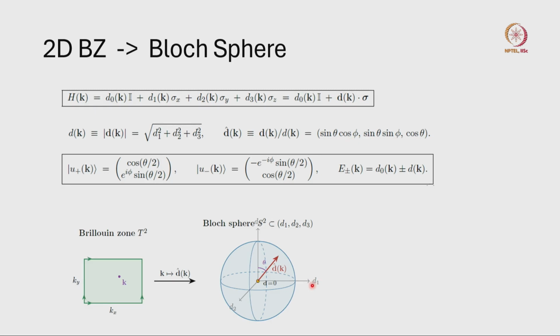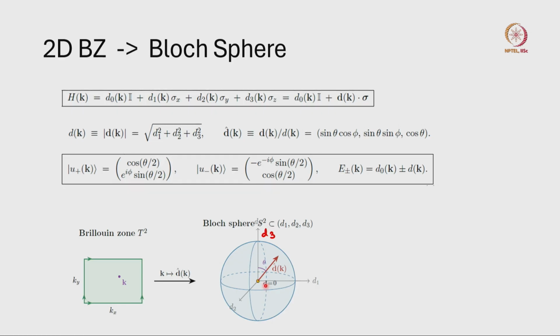So, in the D space any point is now, and we want to stick to constant D, which will give you a radius, and then you will have the polar angle theta with respect to D3, and with D1, D2 theta and phi will be the azimuthal angle.